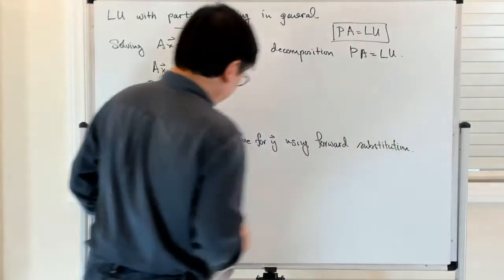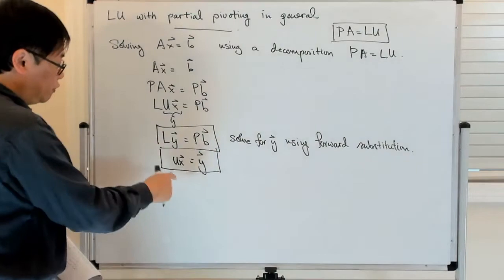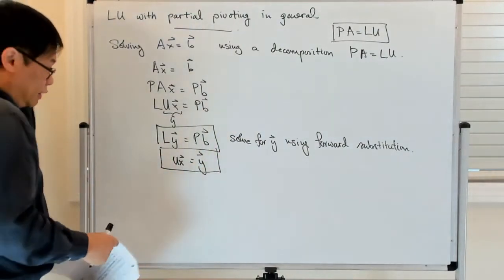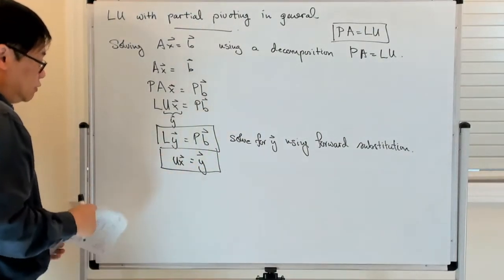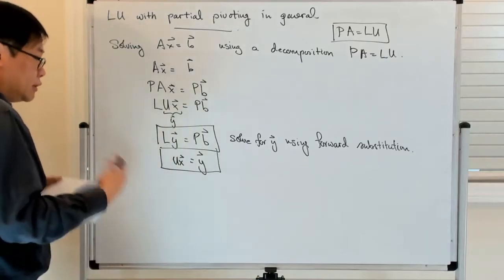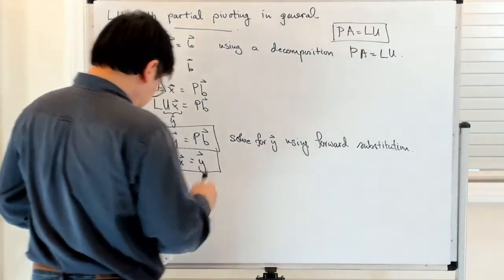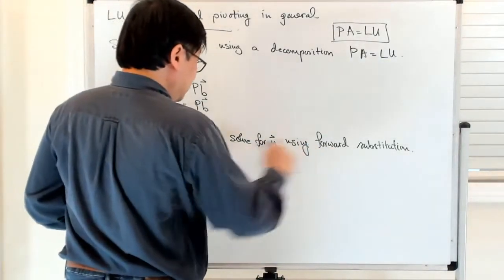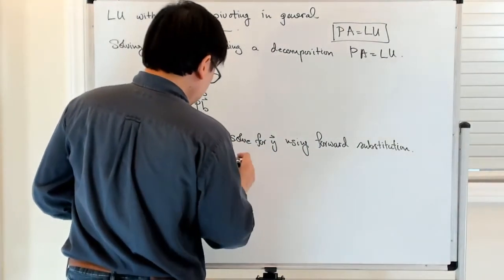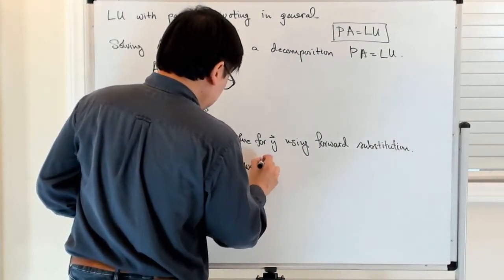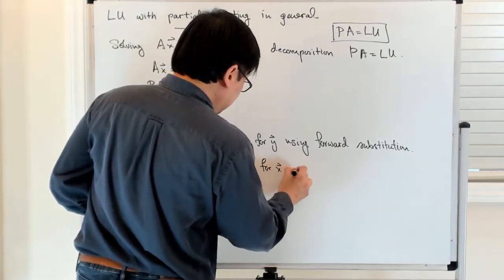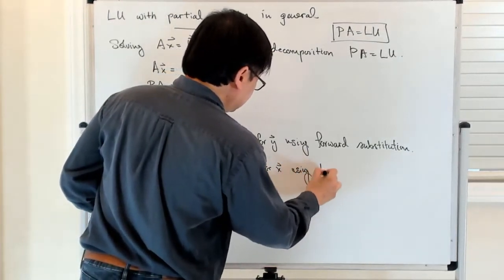Then once I solve for Y, I can use that as the right-hand side for the equation U times X is equal to Y, and U is upper triangular, so I can use backward substitution. Solve for X using backward substitution.